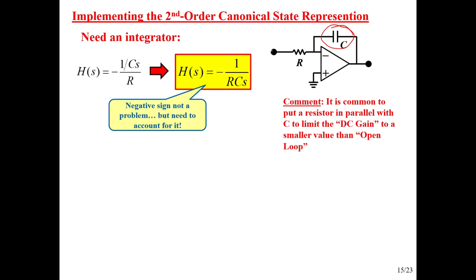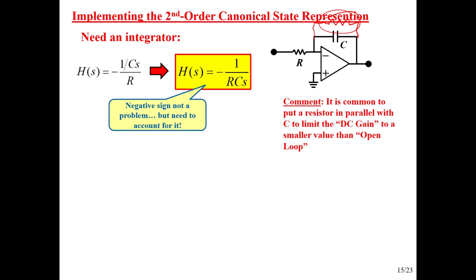So any non-zero DC voltage showing up in either of those two places will end up having an infinite gain applied to it, and that will drive the output to the rail voltages, either positive or negative, depending on the sign of that DC offset at the input. So it's common to put some resistor around here and to make the value of that resistor fairly large, like maybe 1 meg or 10 meg or something like that.